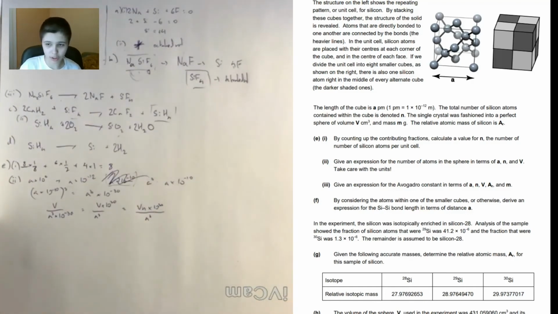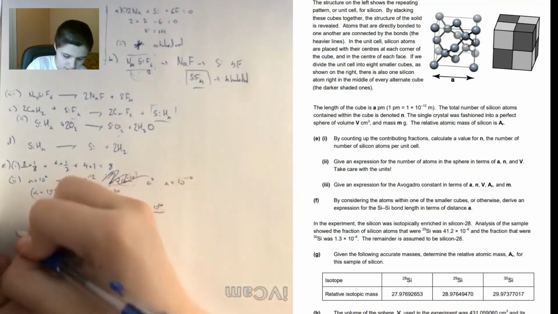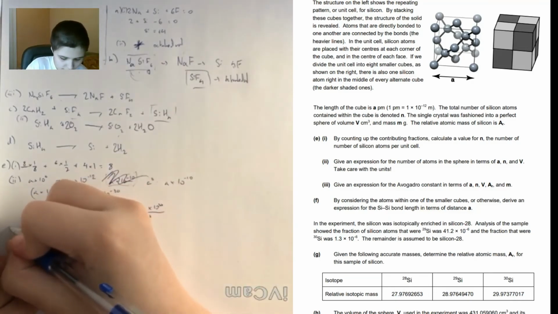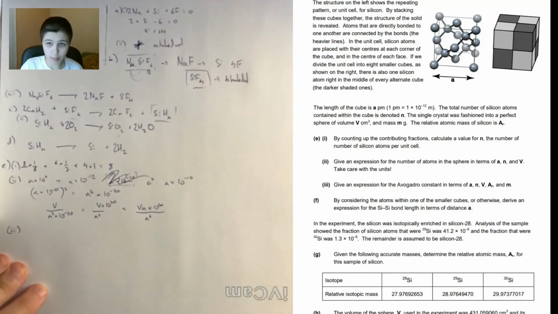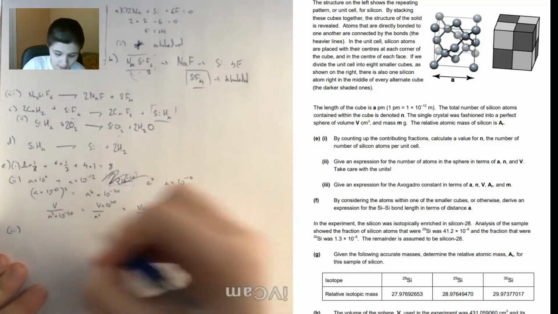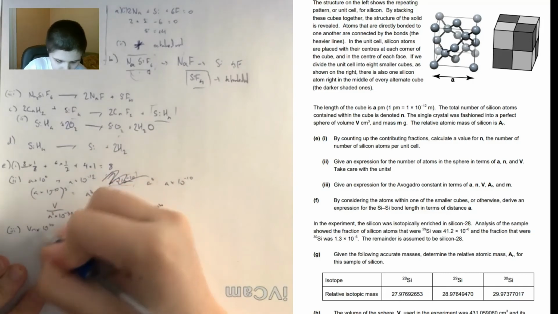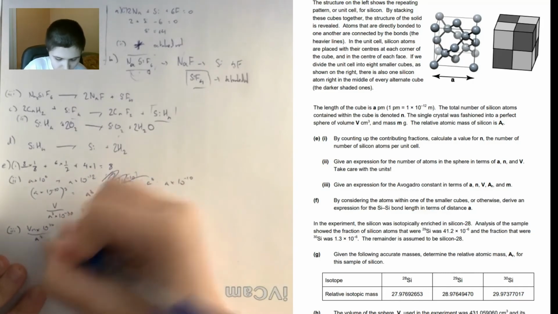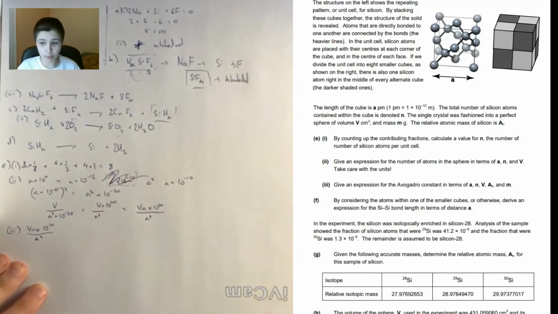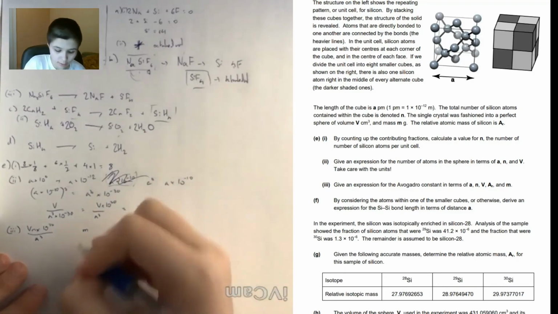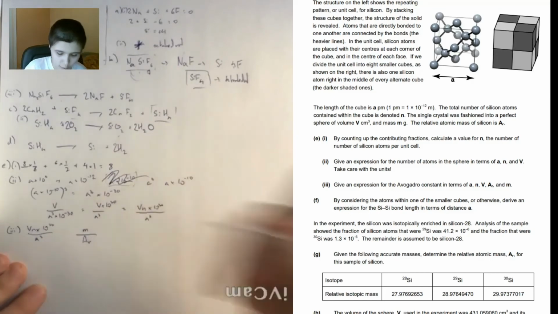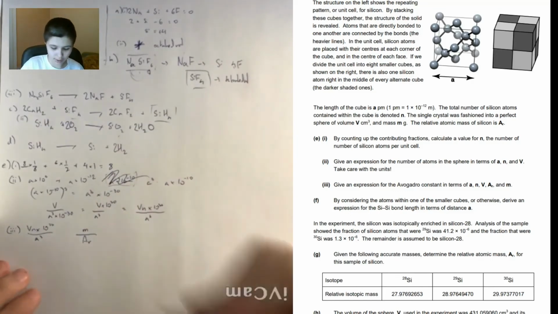Give an expression of the Avogadro constant in terms of these variables. Well, we know that the number of atoms is going to be Vn times 10 to the 30 over A cubed, and we also know that the number of moles is going to be the mass of the sphere divided by AR, which is the molar mass of the silicon.